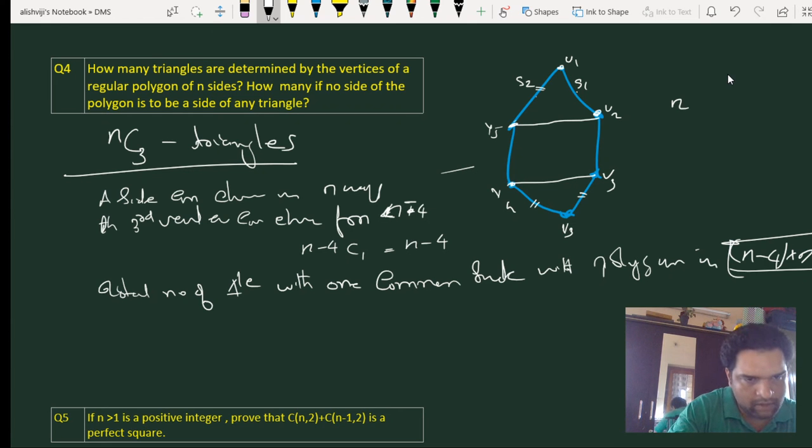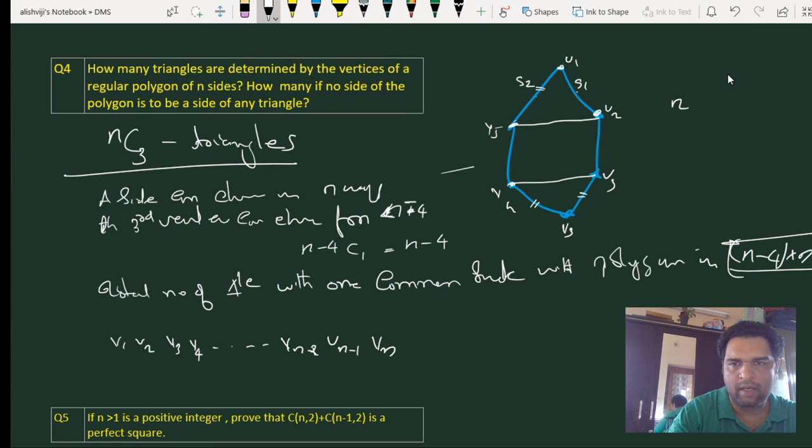If you list down the vertices V1, V2, V3, V4, and so on up to Vn minus 2, Vn minus 1, Vn, arranging all the vertices in order, then first we can choose V1, V2, V3. That's a method of selection.